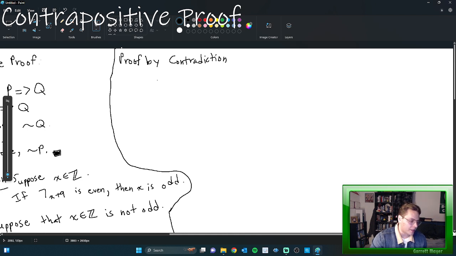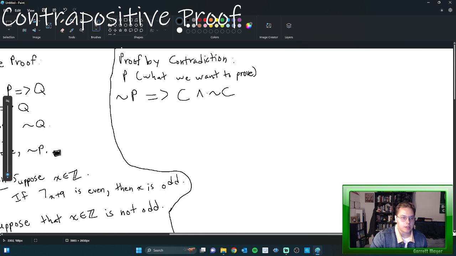The basic way that this technique works is that we're trying to prove a proposition P. We'll say P is what we're trying to prove. We start by assuming not P, and we show through direct proof that that leads to C and not C. And C could be any other proposition in the world.